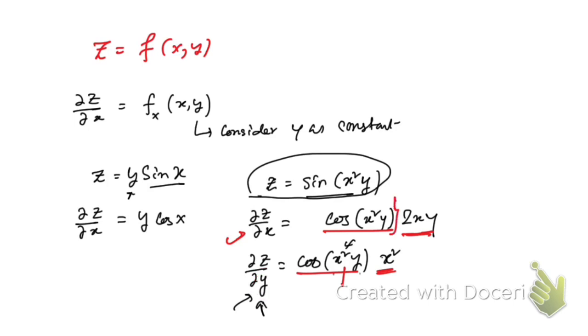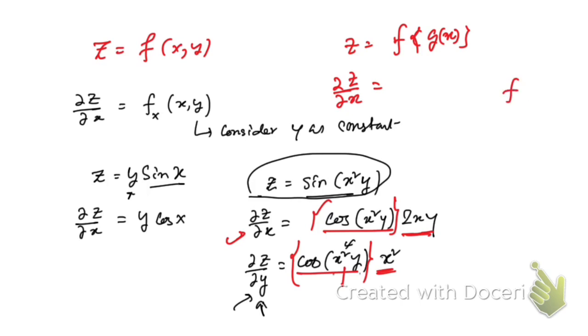This part is the same. So if you have a function z equal to f of g of x, a function of function, and you differentiate it with respect to x, its derivative will be f dash of g of x. Again you need to differentiate g of x partially with respect to x. Hope you have understood this.